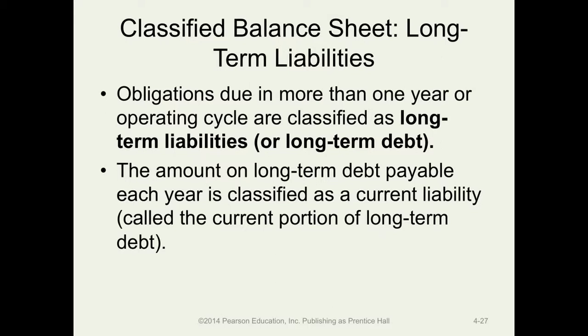When we think about obligations that are due beyond 1 year or operating cycle, these are long-term, and of course, these will not be paid out of current assets or result in the creation of other liabilities, typically. It is interesting, of course, that the current portion of long-term debt is classified as a current liability.